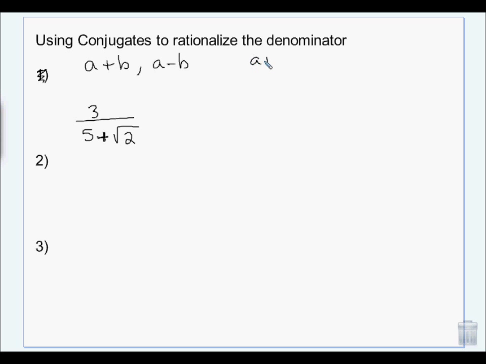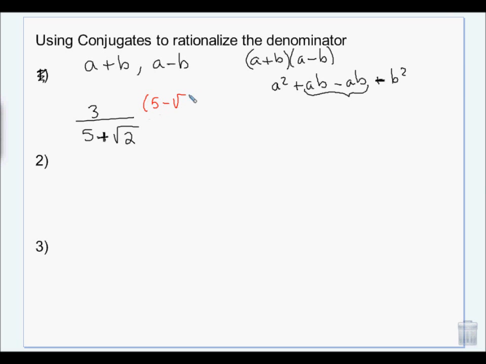And when you FOIL conjugates, you get middle terms that cancel out. These two right here cancel out. Our middle term is going to have a square root in it, so my square roots are going to cancel out. That's why I need to multiply by conjugates.